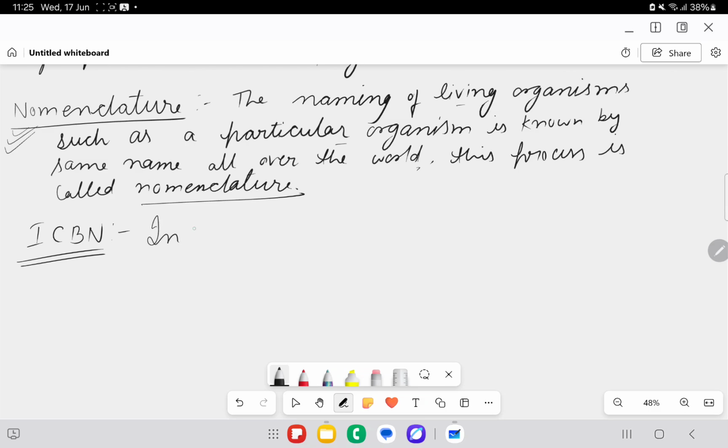It's elaborated as the International Code for Botanical Nomenclature.